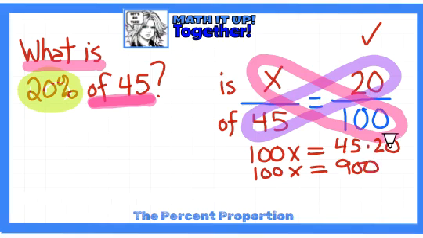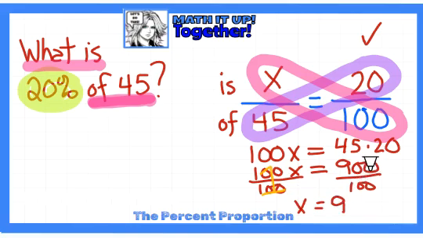And now we just have a simple one-step equation here. We're going to get that x by itself by turning that 100 into a 1, as 100 over 100 is just 1. Anything over itself is 1. Now I have 1x, which is the same as just x. And 900 divided by 100, of course, is 9.